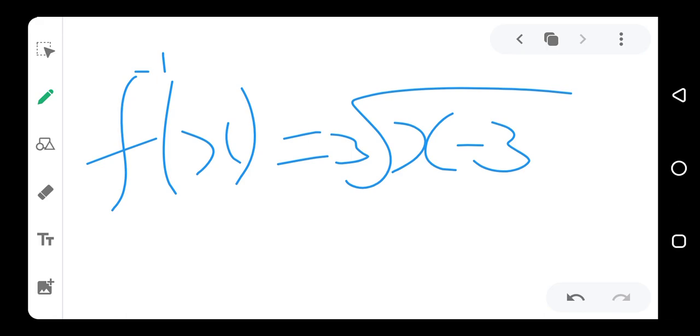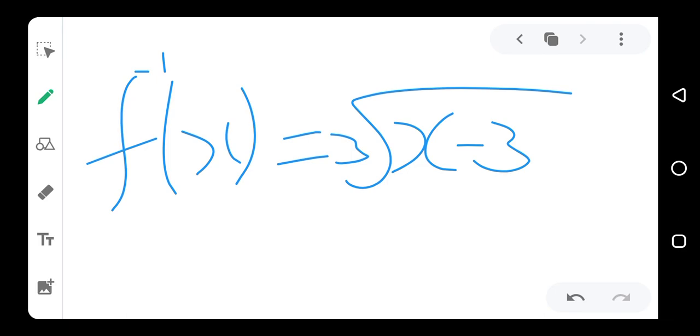So if you are transforming from f of y to f of x, wherever you see y, you change it to x. And if you are transforming from f of x to f of y, wherever you see x, you change it to y. So you just take the reciprocal of whatever you have there.